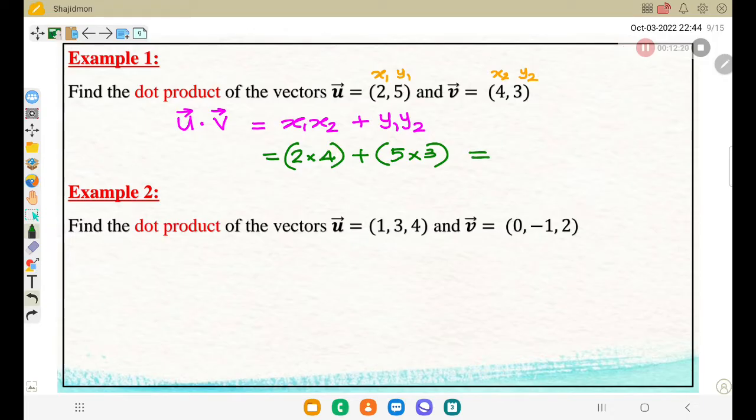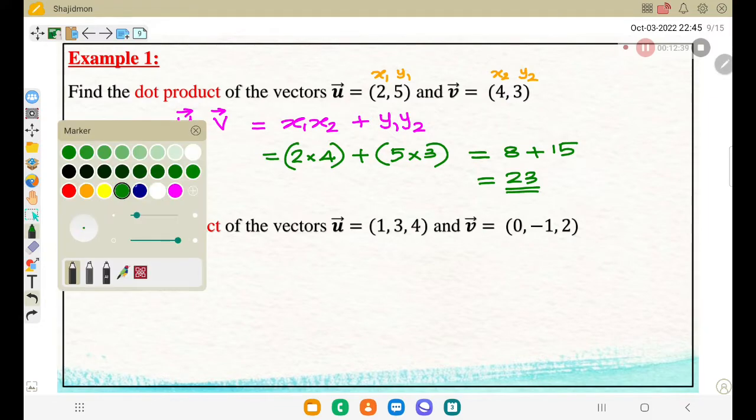You can use your calculator. 2 multiply 4 is 8, 3 multiply 5 is 15, 15 plus 8 means 23. So see, you get a scalar quantity. That is why we are calling it scalar product. Okay, 23, a single number.